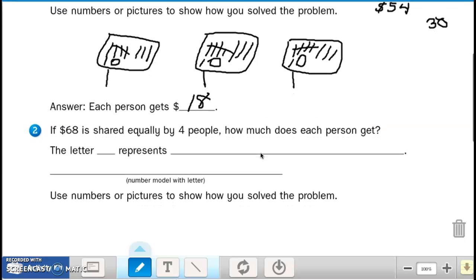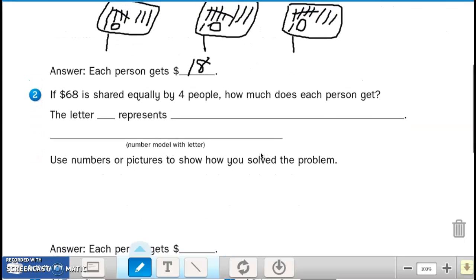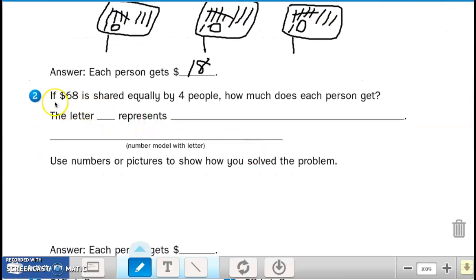Okay, we're going to do the same thing right here. Again, if $68 is shared by 4 people, how much does each person get? Again, we're going to make a D for dollar, and the D represents $1. Let's make our number models.